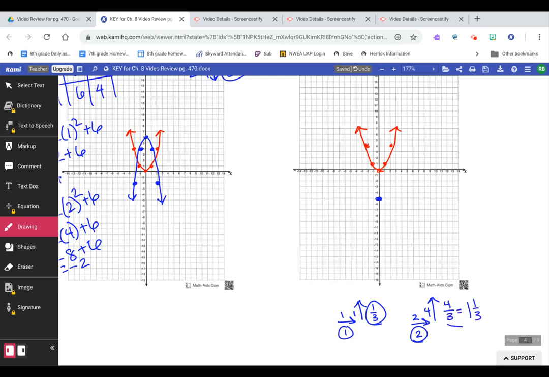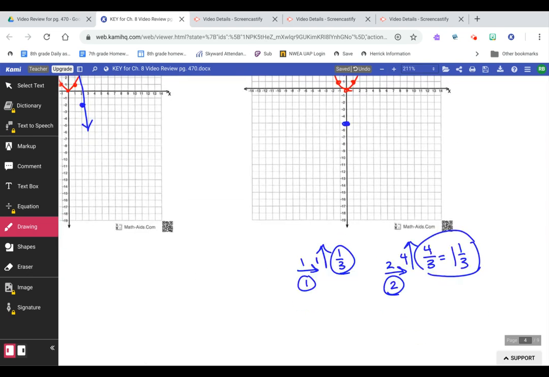And the reason why I hesitated to do it this way is just because when you're dealing with these fractions, you might be a little bit hesitant on how to graph them. It's always nice to grab numbers that are multiples of the denominator. So in the parent function, if we went over 3, we would go up 9 because 3 squared is 9. So we'll still stick with going over 3, but 9 times 1/3 gives you a nice number of 3.